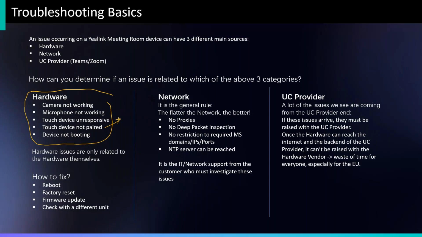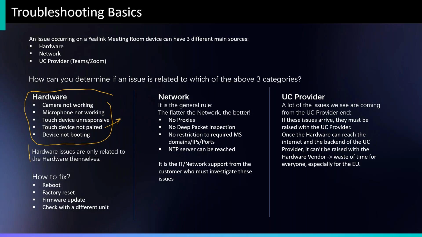They unplug something and they don't know anymore where it goes. It comes out of a patch panel, RJ45. Oh, that goes into that switch in there. The touch device is not paired anymore because someone placed it into a switch port instead of looping it back into the correct port from the patch panel.